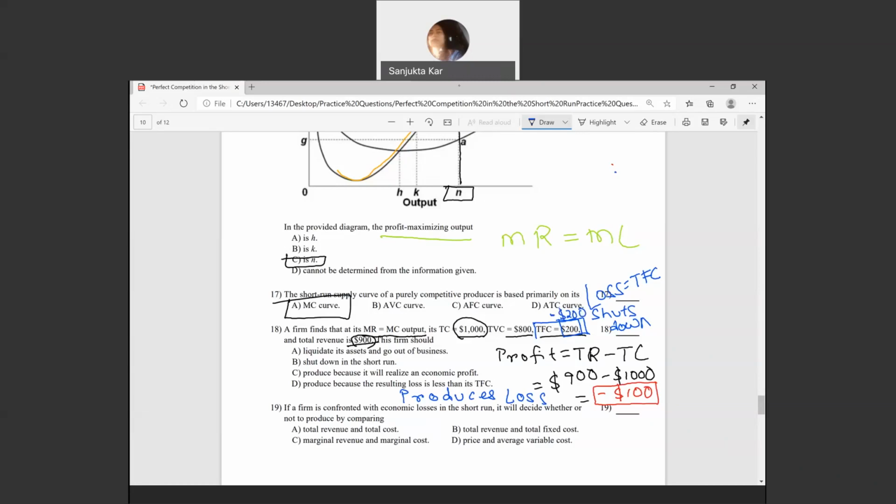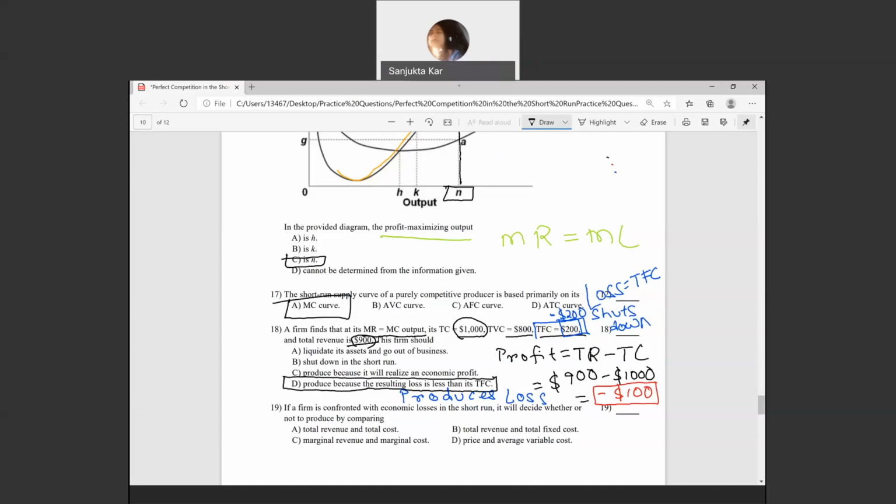So the farm is going to produce, because if it produces, the loss will be 100, and this is less than if it shuts down and incurs a loss of $200. So question 18 is going to be D. It produces as the resulting loss is less than the total fixed cost of production. This question is tricky, I agree.